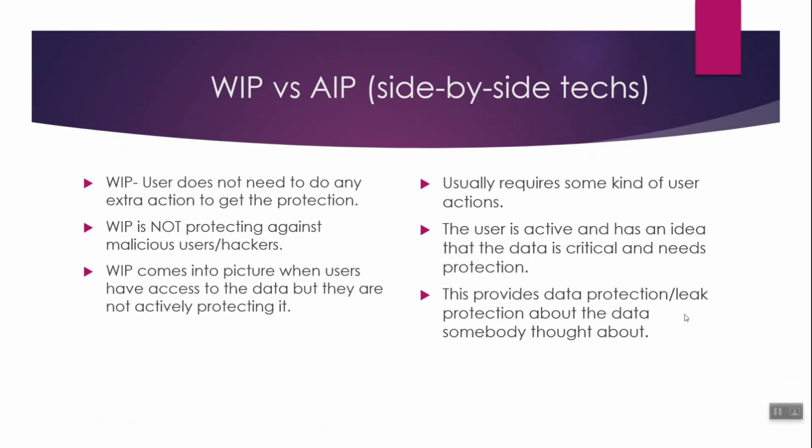In the process, it would give us a prompt. It would say, hey, you are forwarding it outside your corporate domain, I won't let you do it. Or it will give you a prompt: are you sure you want to do it?